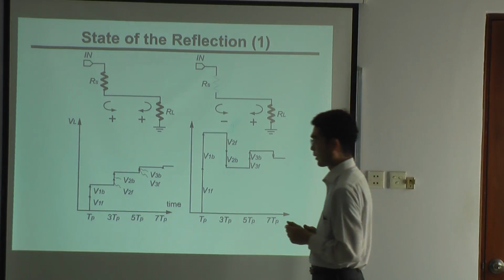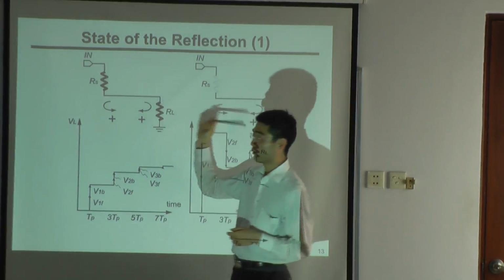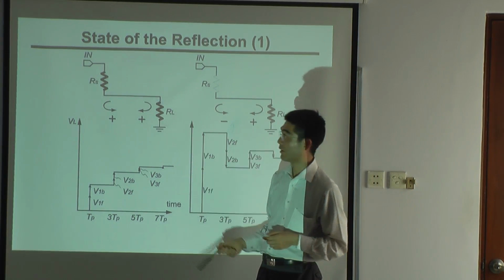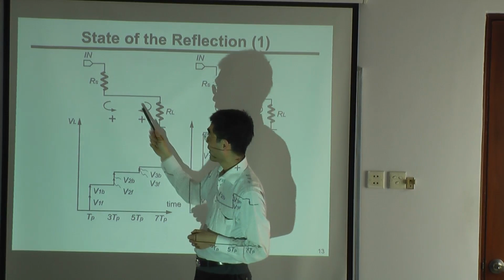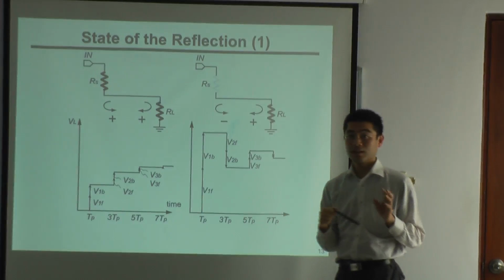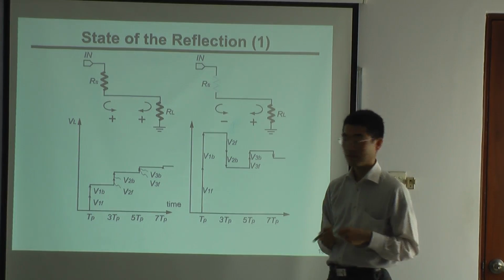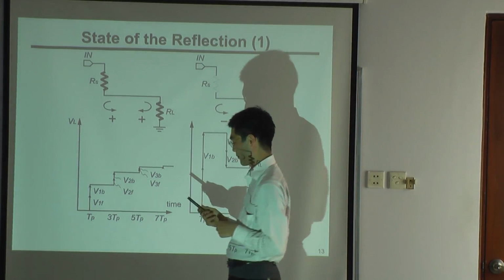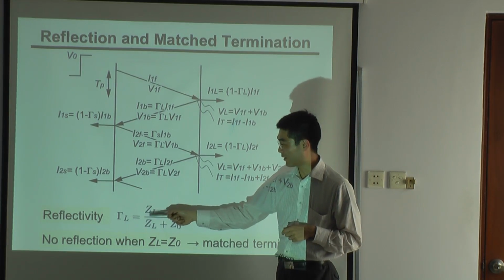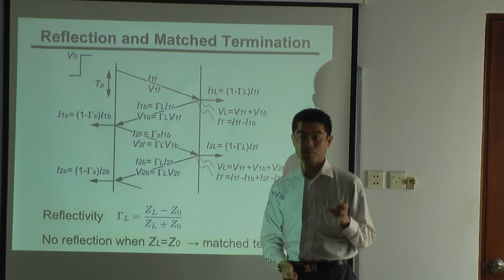So again, what happens when we measure the voltage at this point? What happens when both sender side and receiver side have larger resistance compared with the characteristic impedance? This means that when the load impedance is larger than the characteristic impedance, the reflectivity becomes plus.